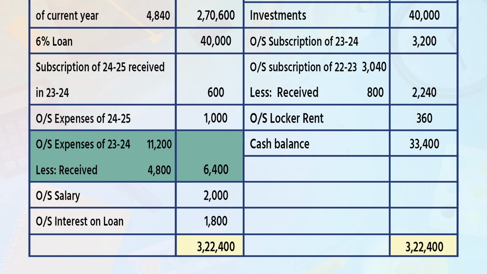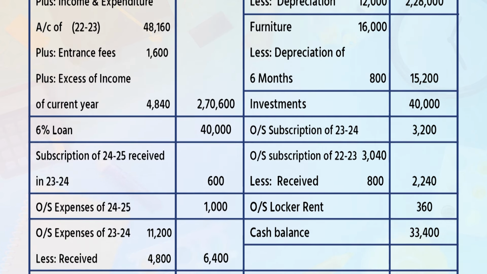Again, we have to deduct received amount, that is 4,800, and to the outer column 6,400. Outstanding salary 2,000. Outstanding interest on loan 1,800, and the total of liability side is 3,22,400. Now we will shift to asset side.